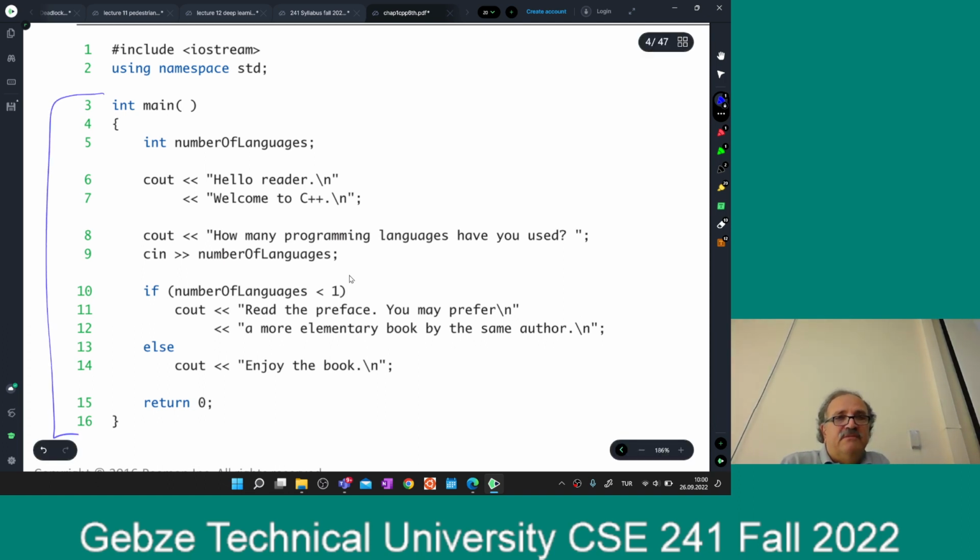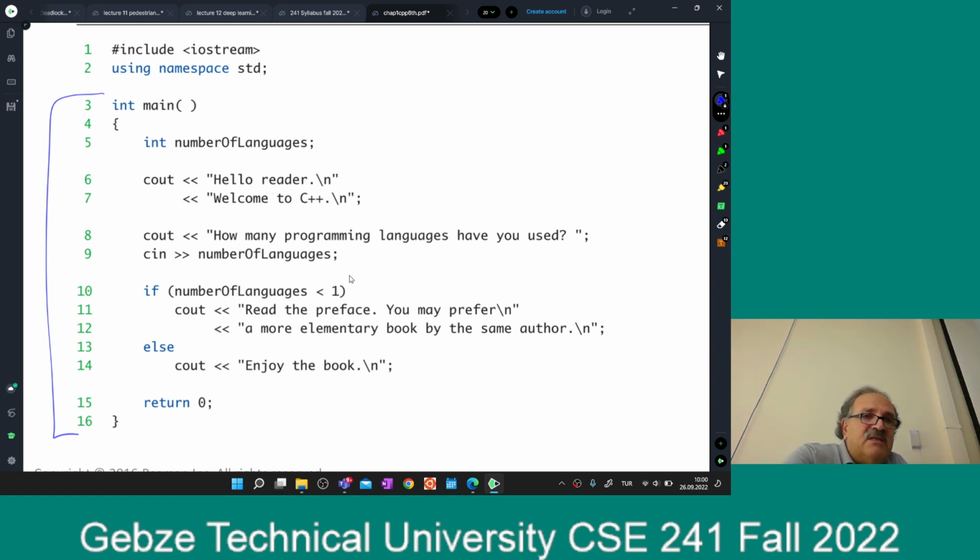Our main function. The rule is that every C program, if it is going to run, should have a main function, right? The same rule applies for C++ too. It should have exactly one main function if it's going to be an executable program. It returns an integer and its name is main.